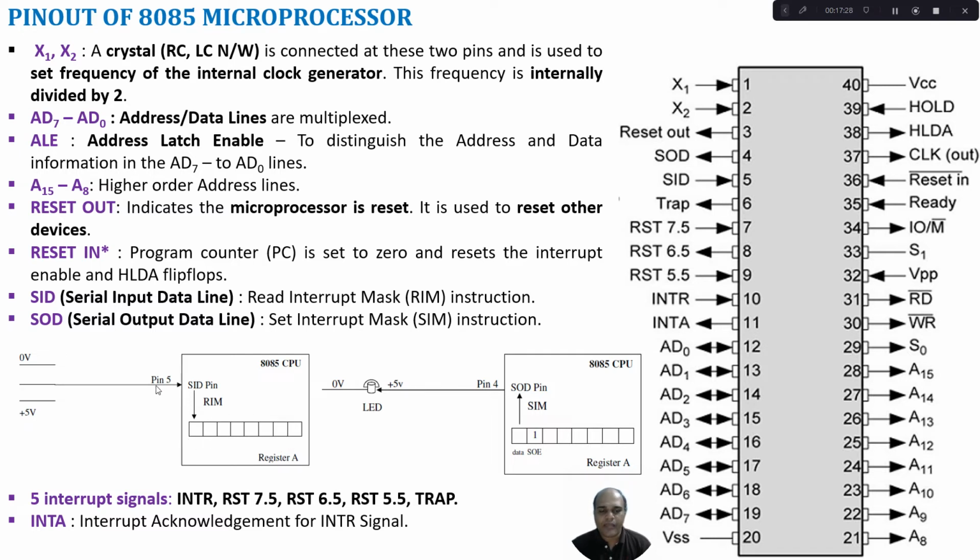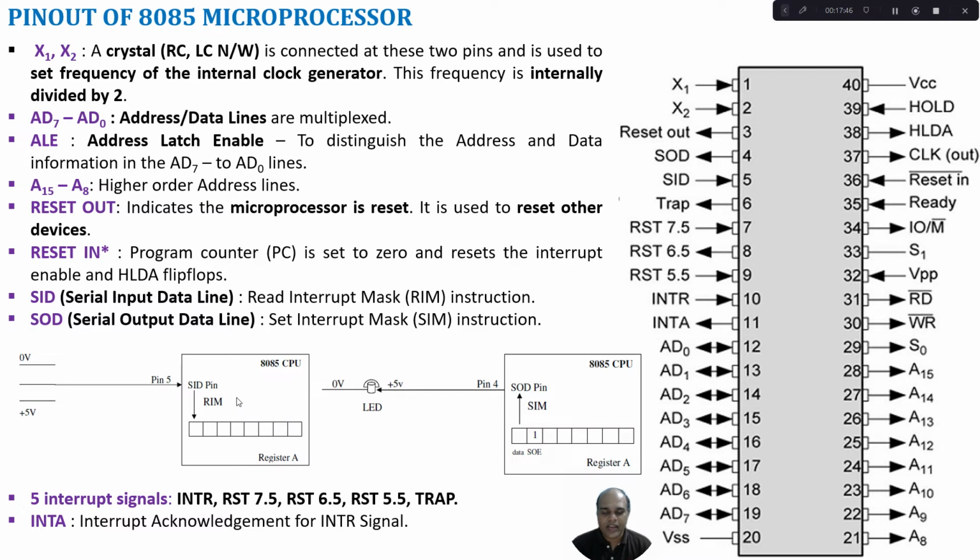So the data can be obtained from this SID pin and it can be loaded onto a 7th bit or MSB bit of your accumulator by using a RIM instruction. So this is serial input data. We get the input into the microprocessor.